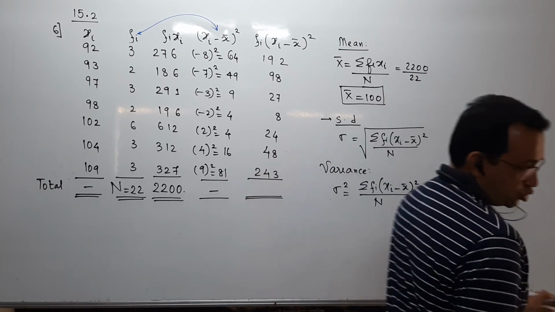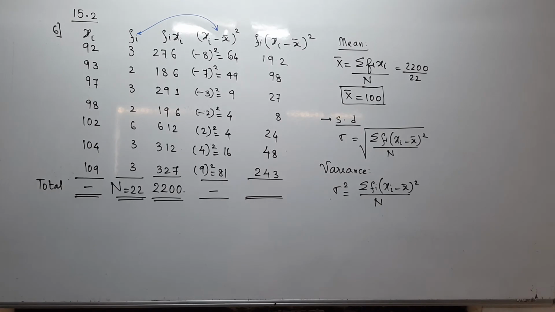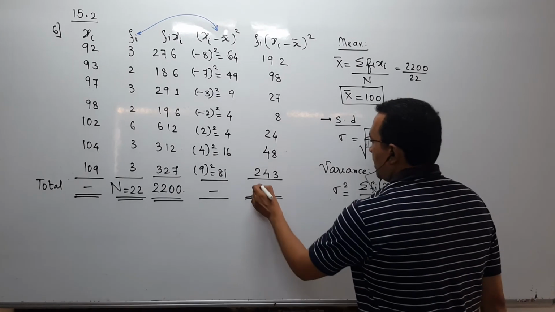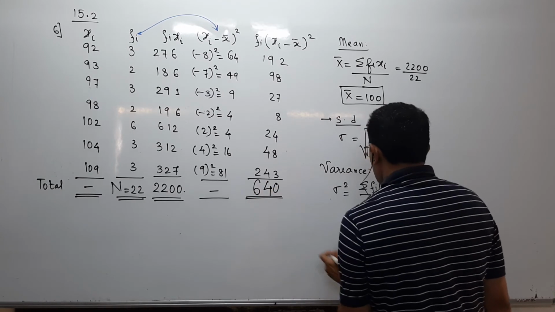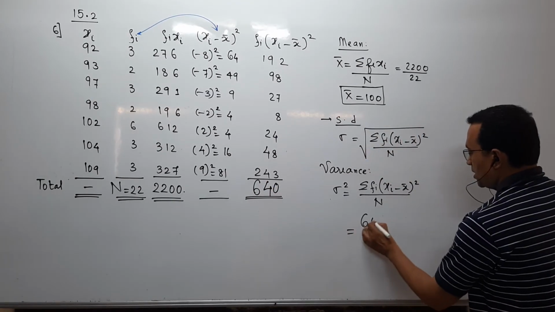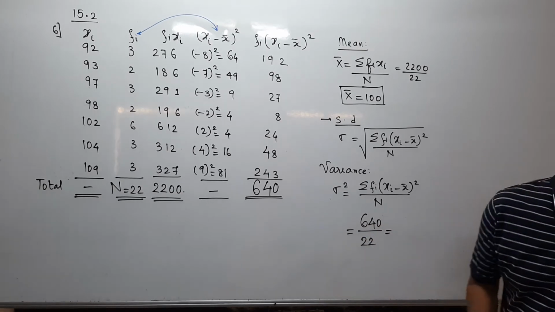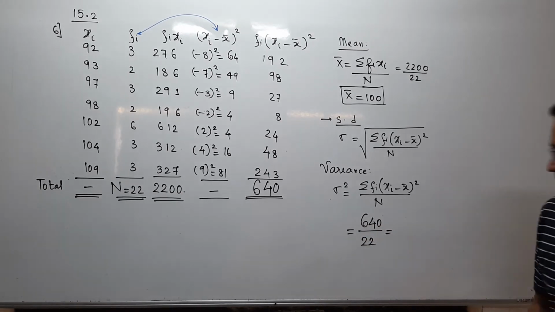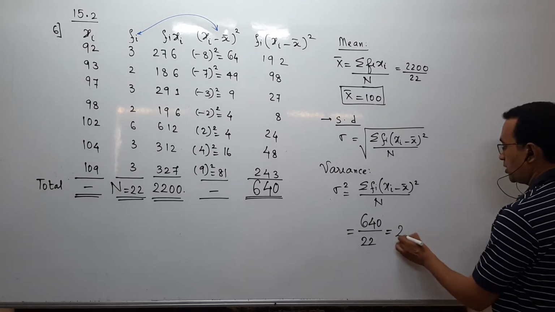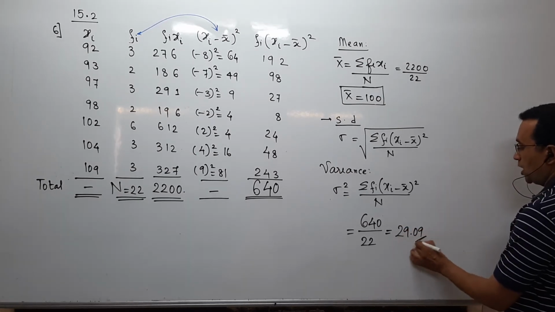So if I total the last column, I am getting 640, and my variance comes out to be 640 upon 22, and the answer is 29.09.